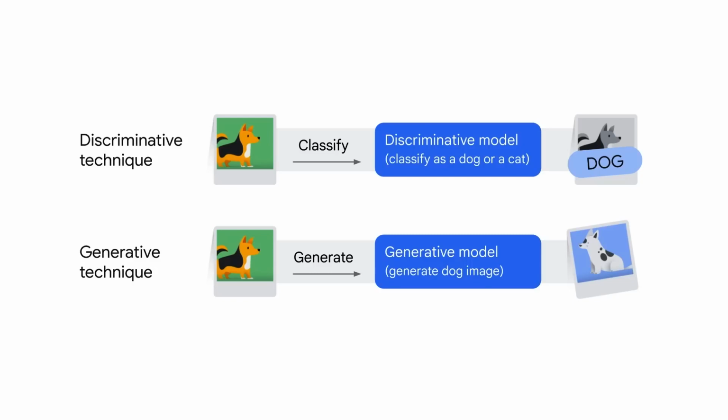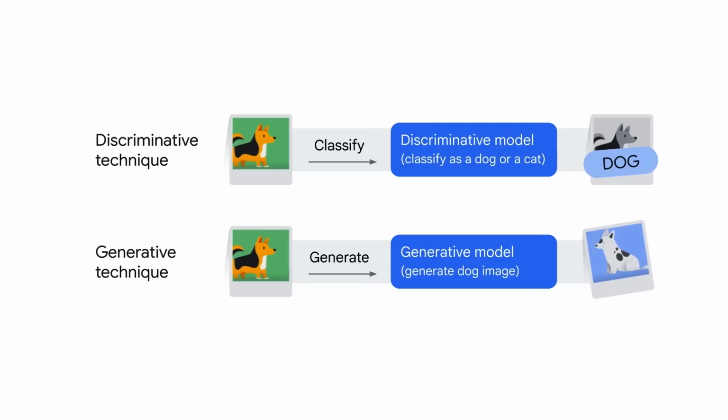The generative model learns the joint probability distribution, or the probability of x and y, and predicts the conditional probability that this is a dog, and can then generate a picture of a dog. So to summarize, generative models can generate new data instances, while discriminative models discriminate between different kinds of data instances.